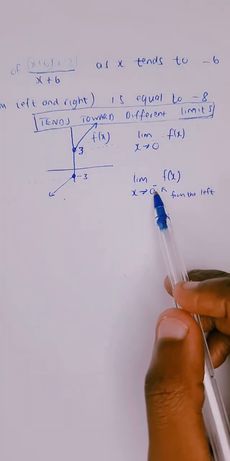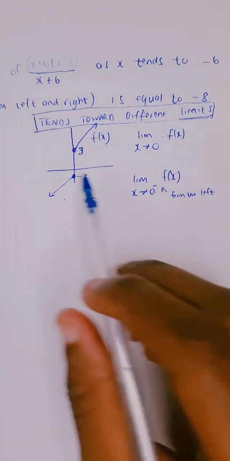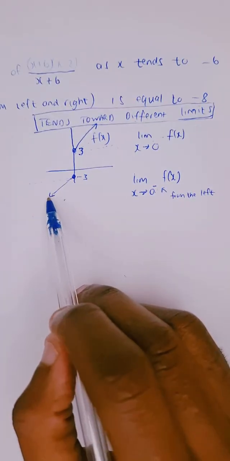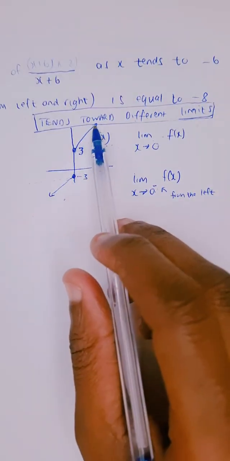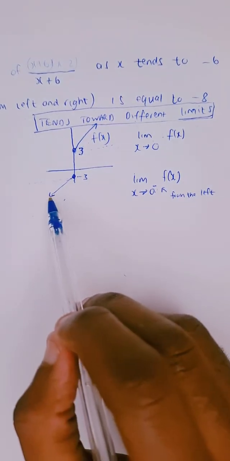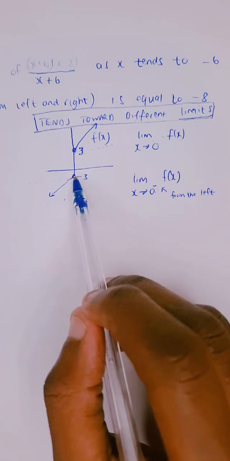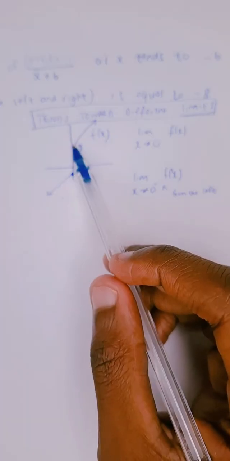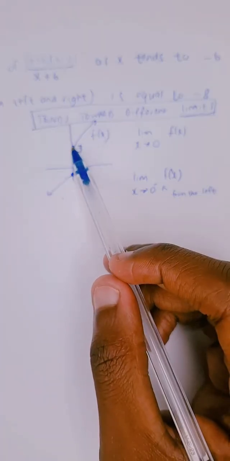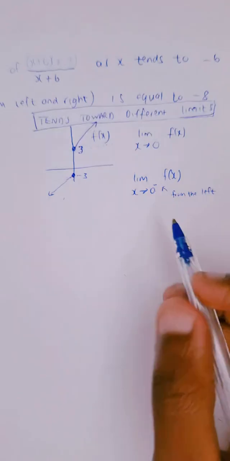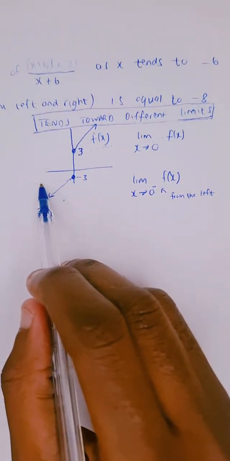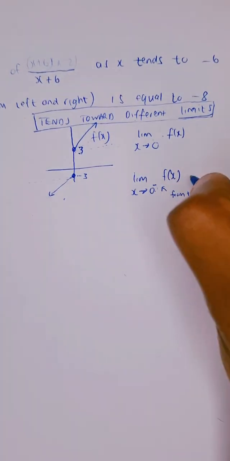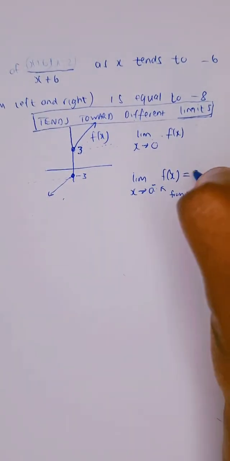If we are approaching from the left, remember this is the function, and then it picks up and goes on like that. So the function is increasing, there's an inclusion there of the y value, then it picks up and increases again with the inclusion of +3 there. So as the function approaches 0 from the left, the negative meaning from the left, our limit is -3.